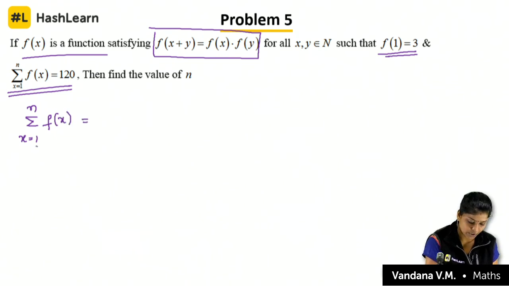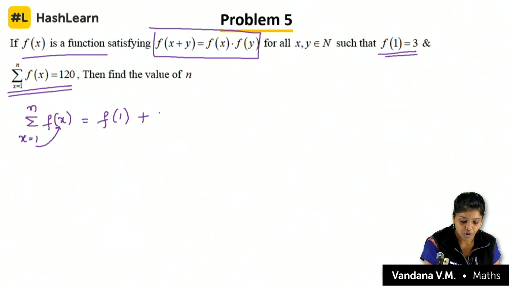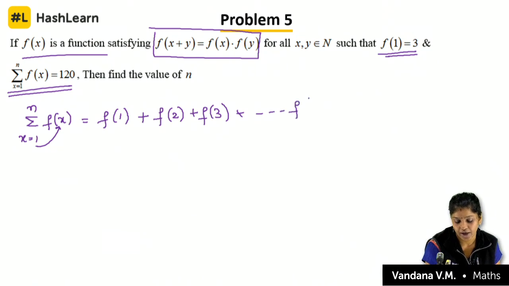It means put x value as 1, f of 1. Next, sum means plus. From 1 to n you have to put 1, after 2, 2 after 3, 3 after 4, up to f of n it goes. And this is equal to 120.